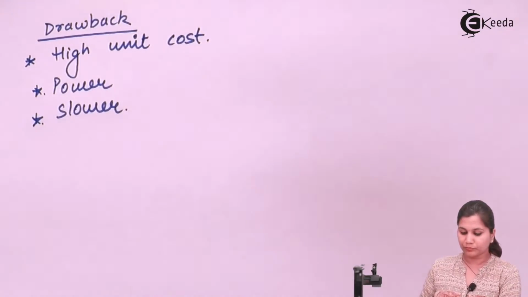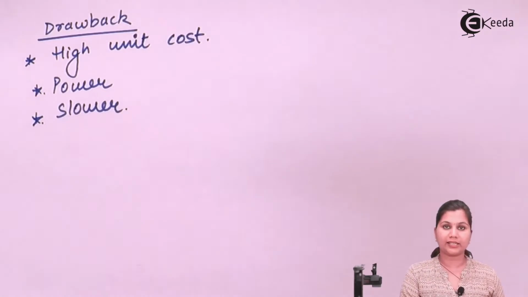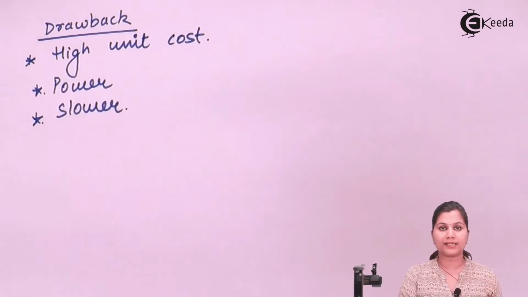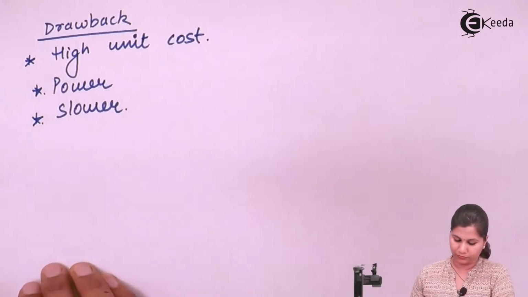Okay, so that was the IC technology, integrated circuit technology. We have seen that it is of three types: full custom, semi-custom, and the programmable logic devices. Now the third type of technology present in the embedded system is the design technology.